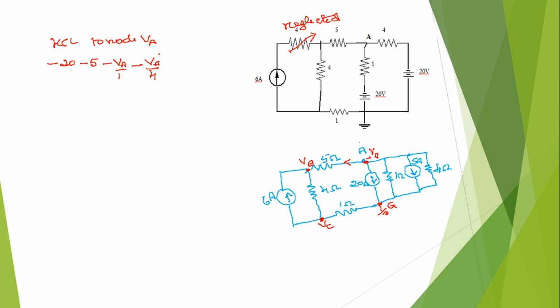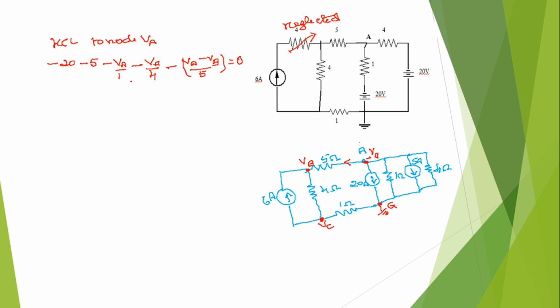According to the assumption, outgoing is a minus. So minus (VA minus VB) by 5 equal to 0.